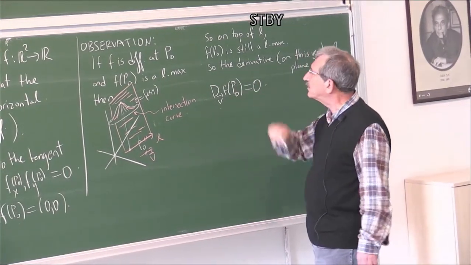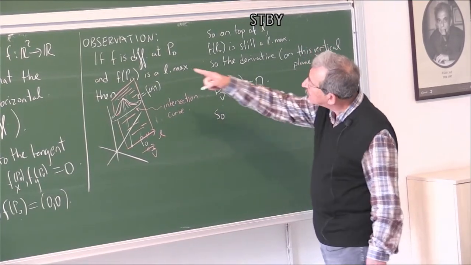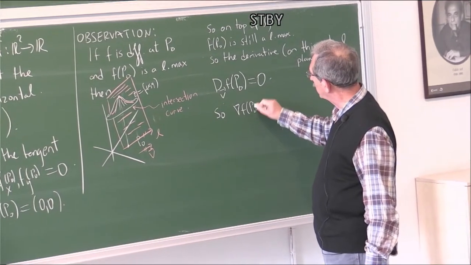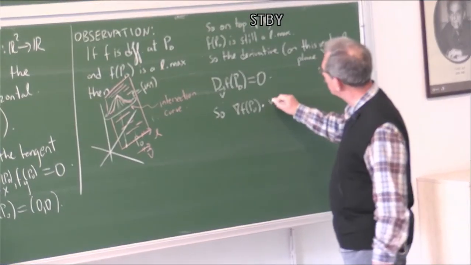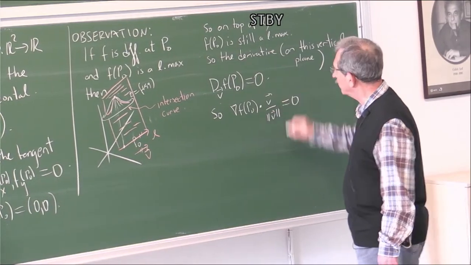Okay, what does this mean? Because f is differentiable, it means that the gradient at p0 dot the unit vector v must be 0.